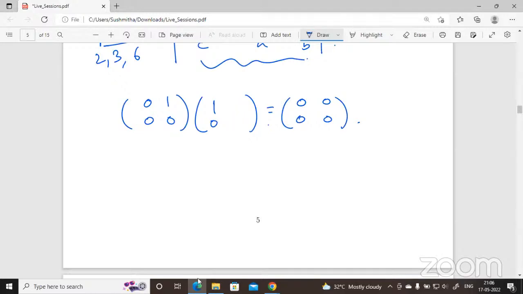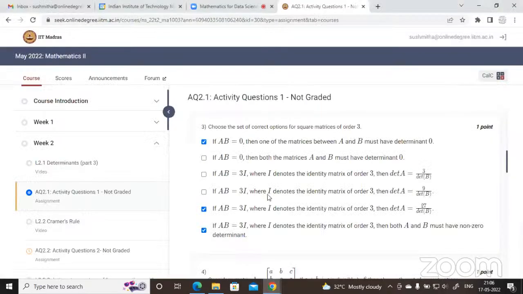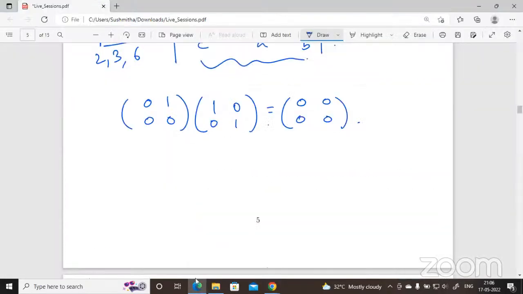That's not going to give me a 0 matrix, right? What is it? A into B should be equal to 0. Ma'am, take I and take minus I. But then the product will be equal to minus I, no?